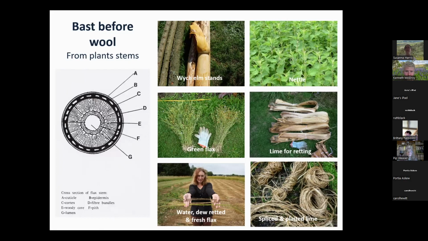And various different plants have usable bast fibres. All sorts of trees have bast fibres. Lime is particularly good, also elm. Nettles, flax, these are other sources of bast fibres. And so some of the earliest fibrous material that's used in Britain were plant fibres.